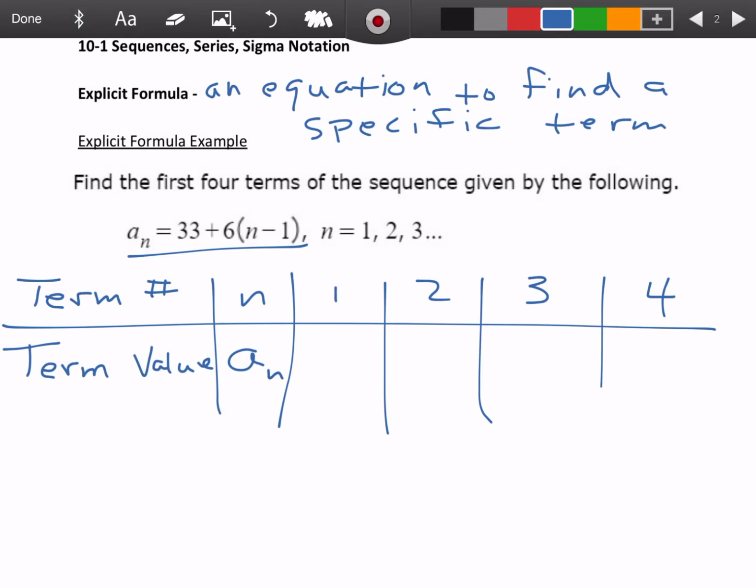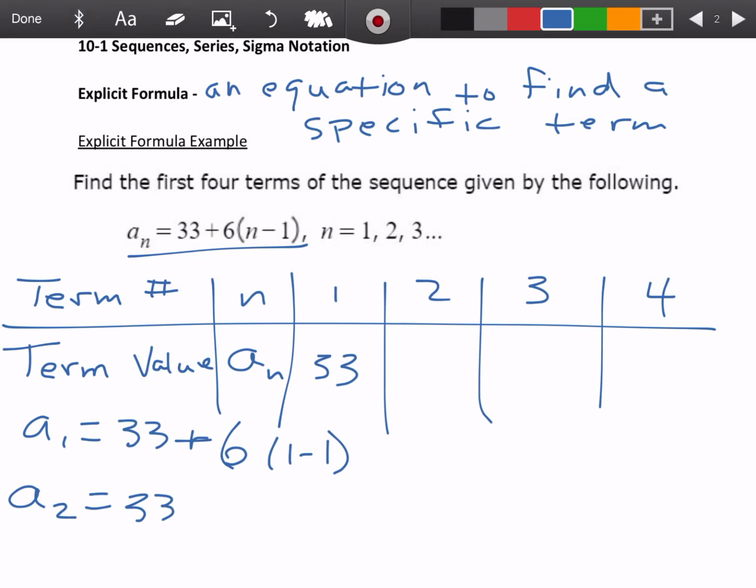And then we need to find what a of 1 is. So a of 1 just means that we're plugging 1 into the equation up top. So we have 33 plus 6 times 1 minus 1. Well, that's just 0. So this a of 1 would just be 33.